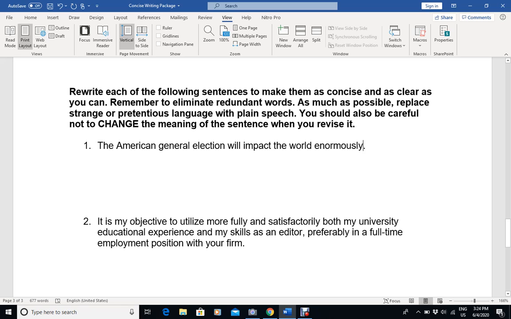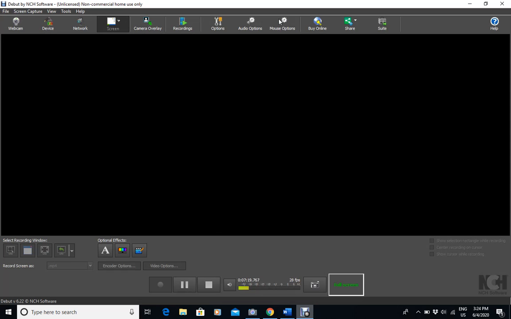So it doesn't matter if you have the exact same sentence, as long as your sentence is looking clearer, more direct, and more concise than it was originally. And we can see here that this sentence is less than half the length of what it was before.